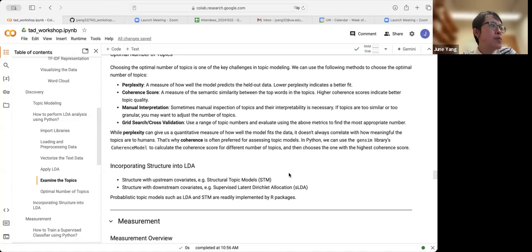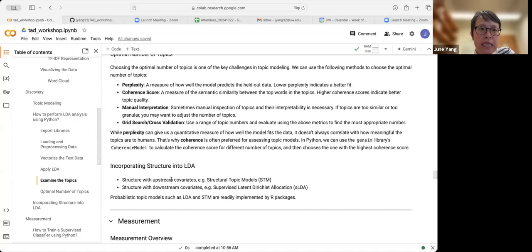Are women more prone to talk about topic 1 than topic 3 than males, for example?